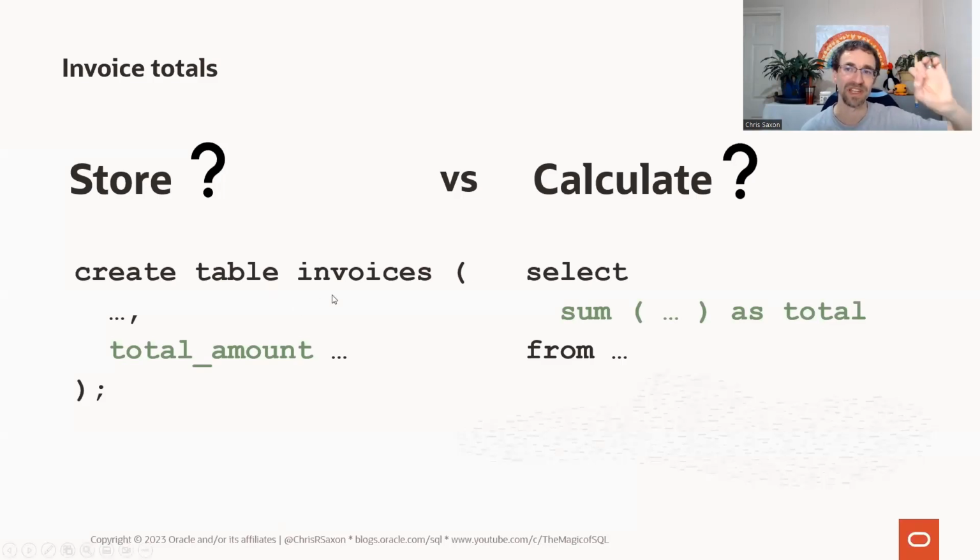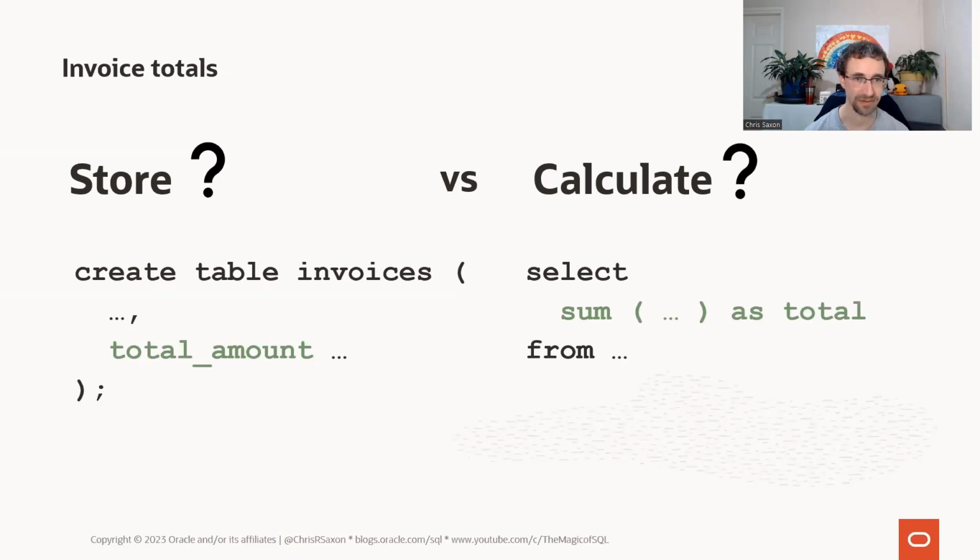So on the invoice header, do we pre-calculate and store what the total is and explicitly record it in the database? Or every time we need to know the total paid for an invoice, do we run the query, do the group by invoice ID and sum up the values within the invoice items?